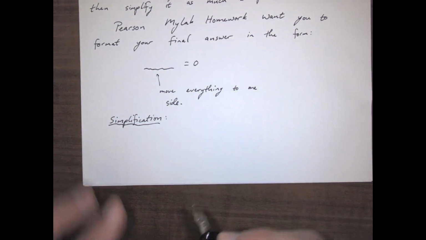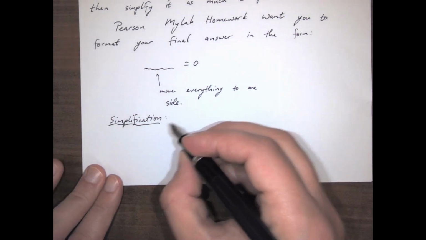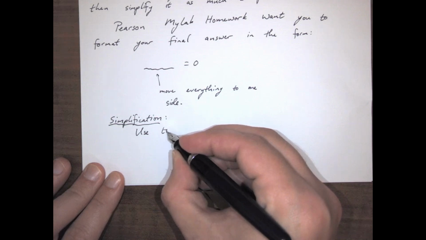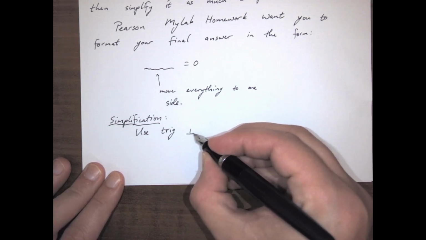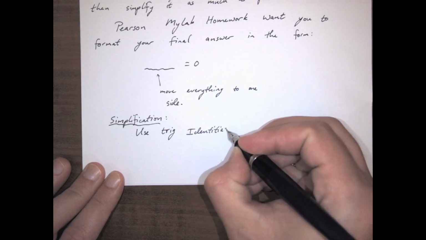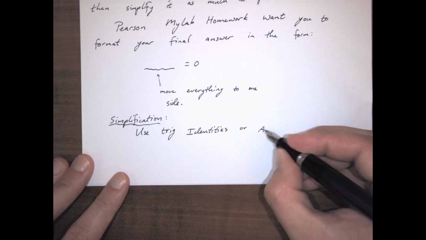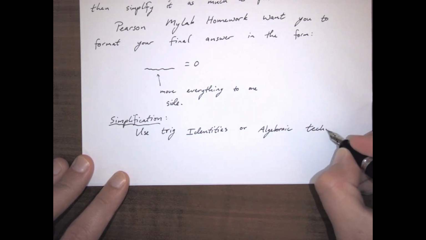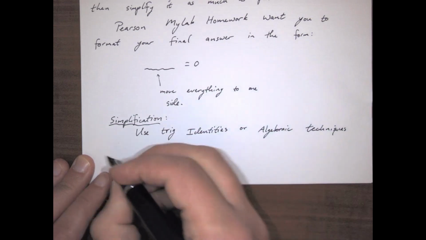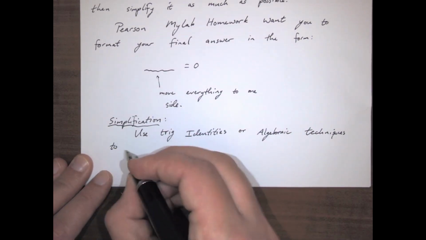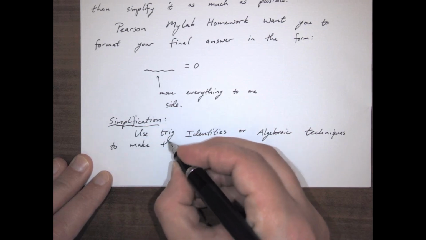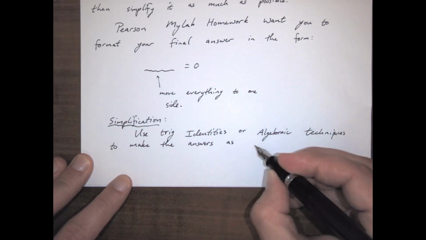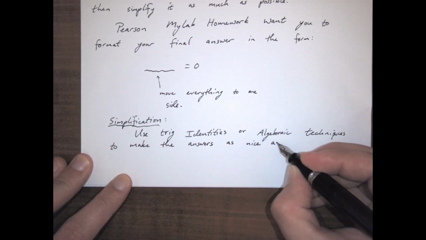The simplification that we have to do: we will sometimes have to use trig identities or algebraic techniques to make the answers as nice as possible.